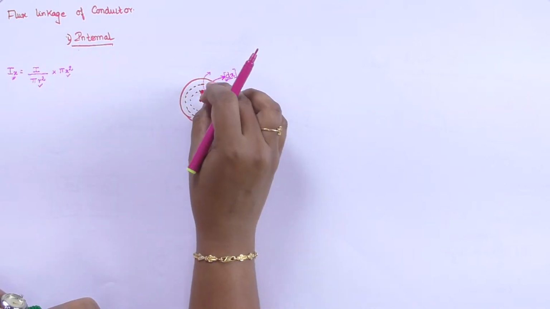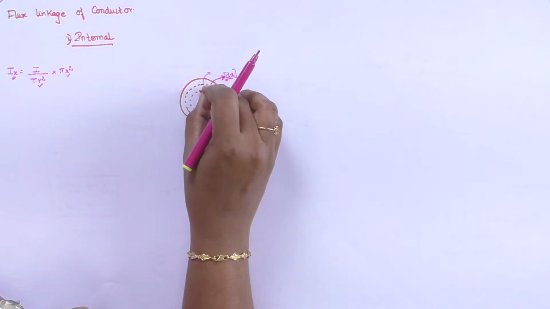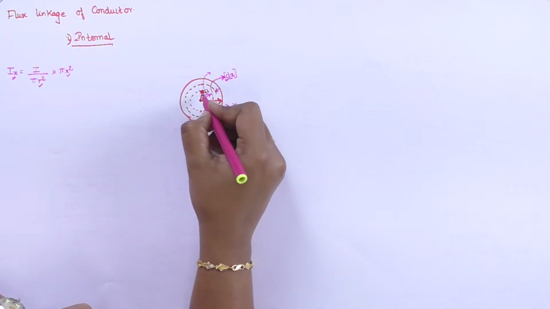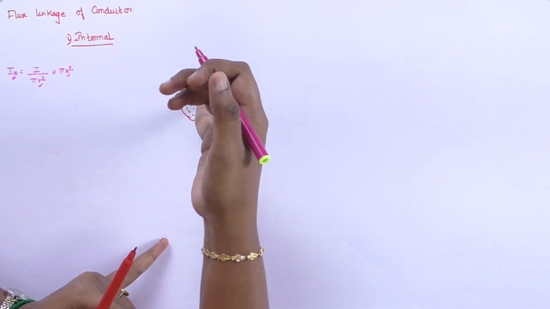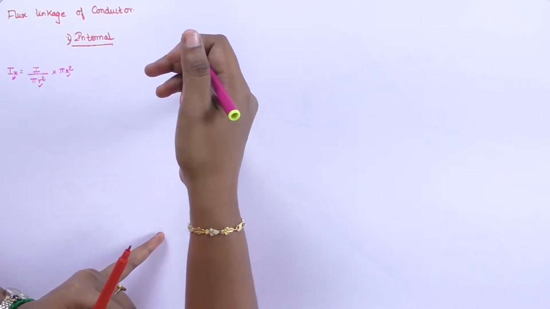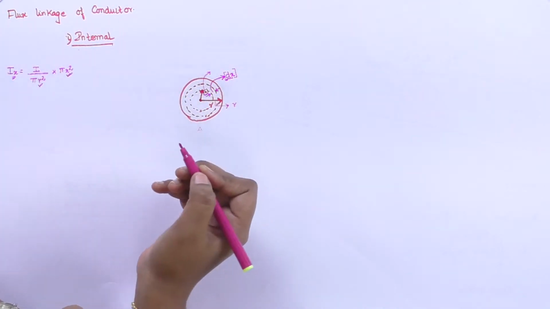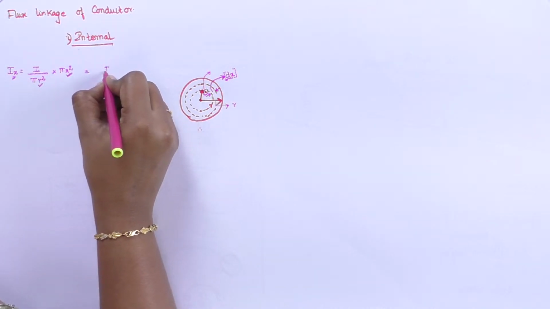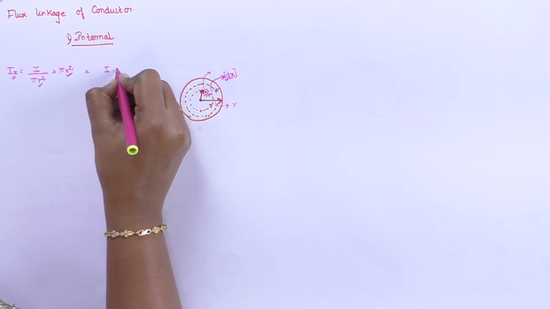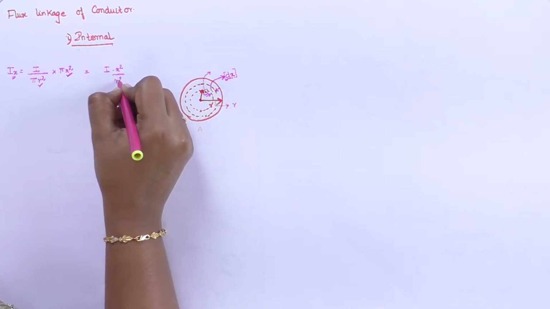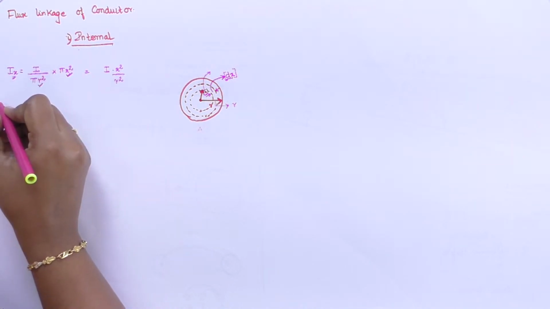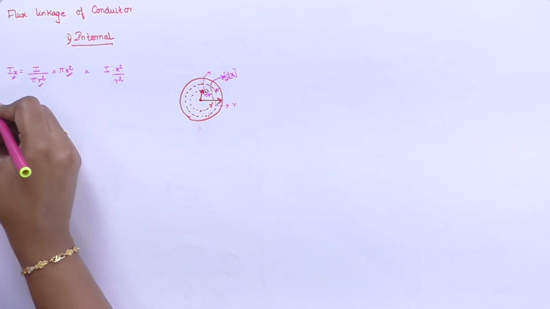Don't confuse this radius: we are going to calculate how the flux throughout this dx region affects the whole conductor. x is the distance from the center to the particular point x. Neglecting the pi, the formula will be I into x square divided by r square. So this is the value of Ix. This is the first step, calculating the current inside a line of force of radius x.